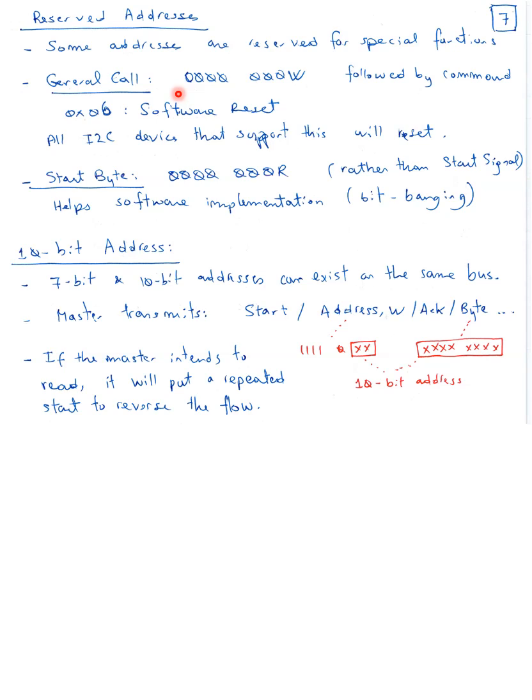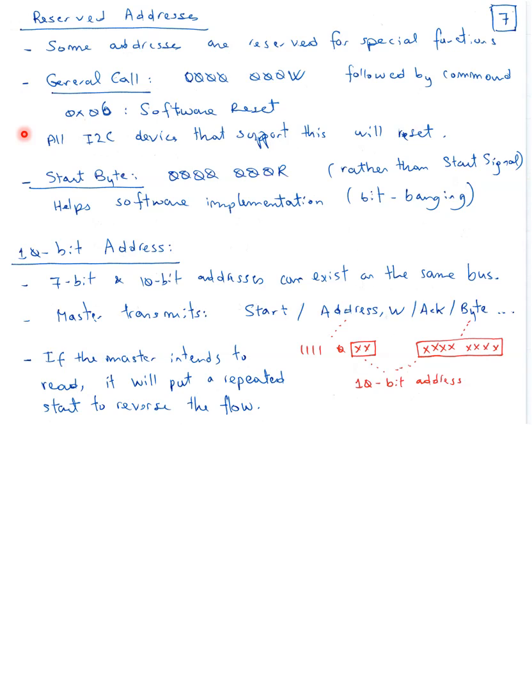So we're trying to get the attention of all the devices. So it's a W, so the master can follow it with command bytes. And this particular byte, 06 hexadecimal, is a software reset. This means all the devices are gonna reset their configuration.